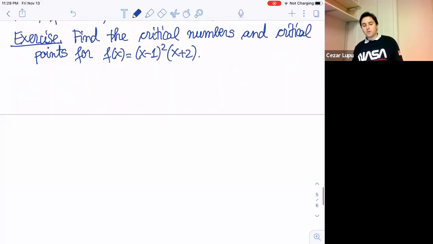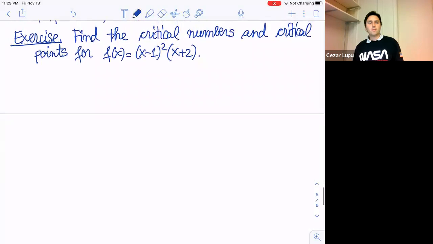Okay. So we would like to apply the same procedure, but this time for this function. As you can see, this is the product of two functions. So when we take the derivative here, guess what? You will apply the product rule.